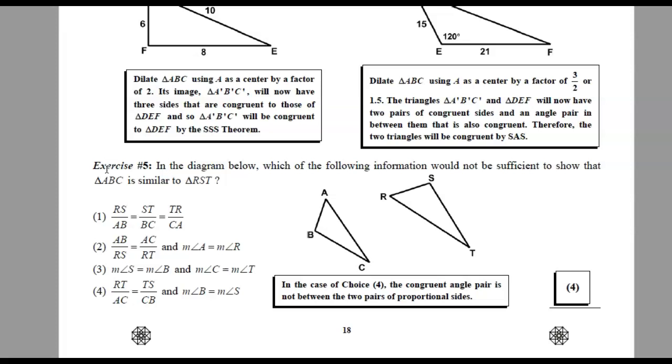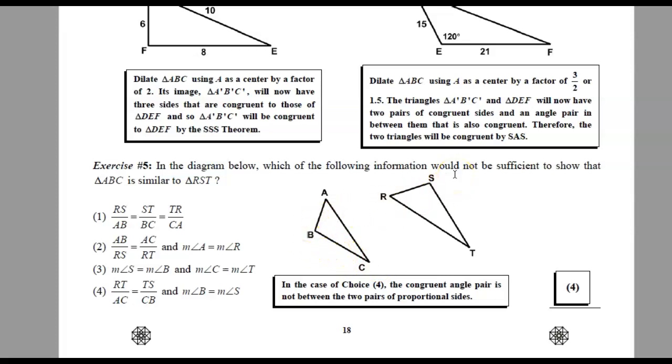Number 4 is the one that's incorrect because of the way it's arranged here. So if I take RT with AC, that's the long side and the long side. So those match. TS and CB are the medium and the medium, so those also match. So the two side pairs are fine. All that's corresponding. Angle B and angle S are corresponding angles.